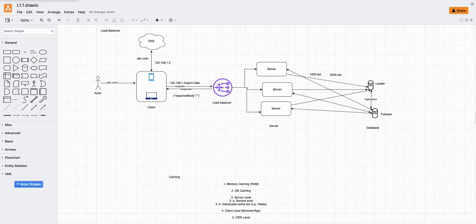When your code is running on some machine and utilizing some CPUs, at that place the system introduces some memory caches. That is one kind of caching. Just to give you a picture of where all the caching can be implemented to reduce the load. This you don't have to do. This is already taken care of by the processors.